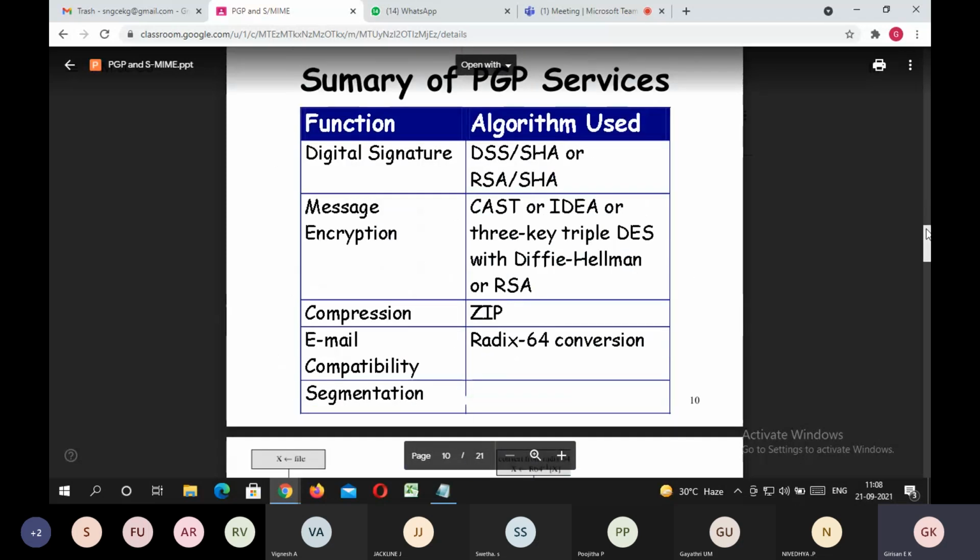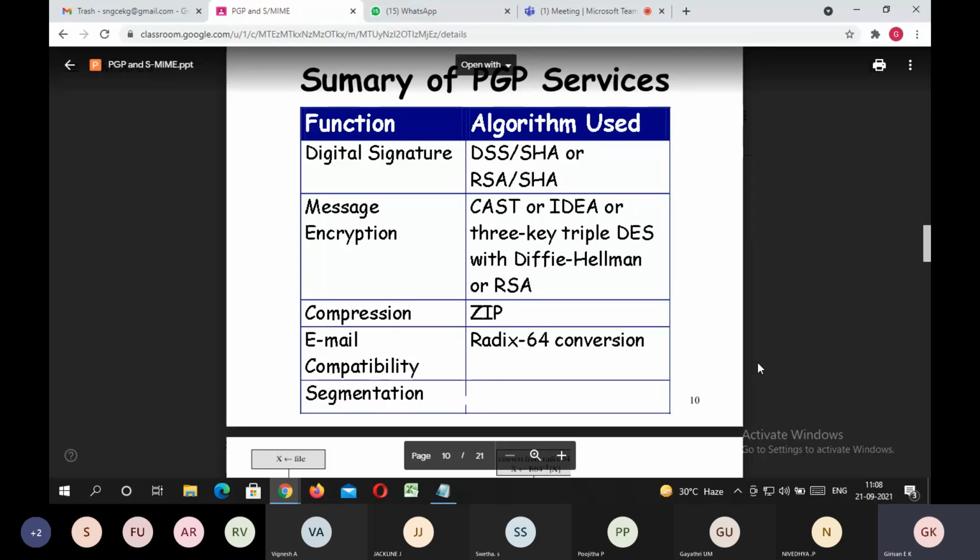To summarize, what are the PGP services? As we said, we are using digital signature, encryption, compression, compatibility, and segmentation. These are 5 important services. For digital signature, the algorithms used are DSS, the digital signature standard algorithm, or SHA, the secure hash algorithm, or RSA, the Rivest-Shamir-Adleman algorithm.